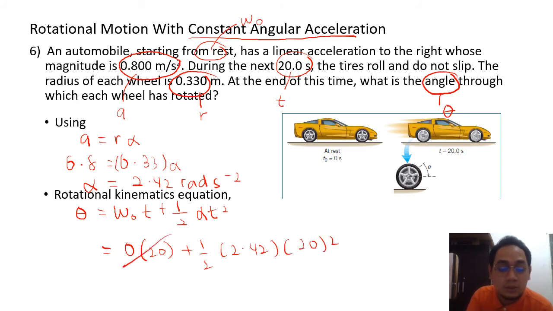Okay, so 0 times any number is going to be 0. So calculate the value and you will get the value of theta is equal to 484 radian. So this is the answer.